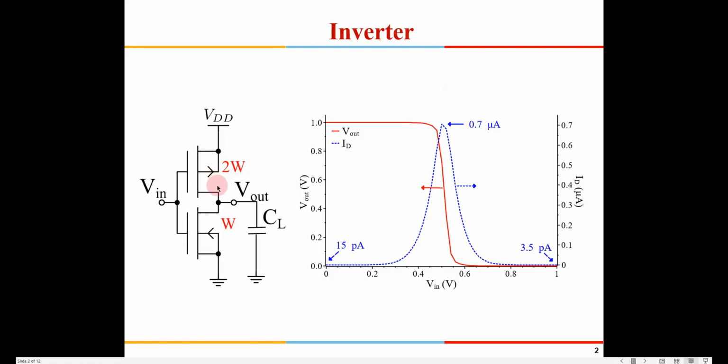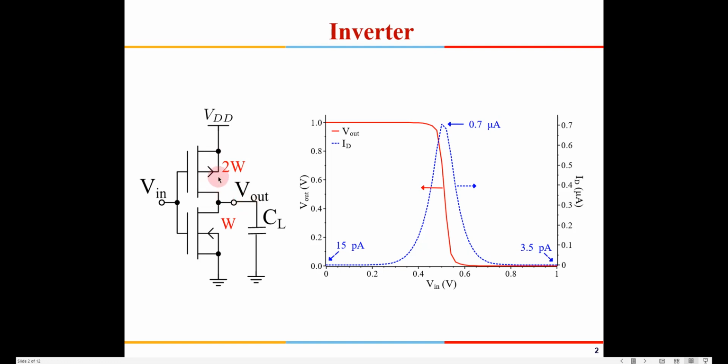Now we saw that generally to make an inverter, we use a combination of a PMOS and an NMOS. The NMOS is known as the pull down device because we are using the NMOS to bring down the voltage to 0, and the PMOS is known as the pull up device because we are using that to charge the output to VDD.